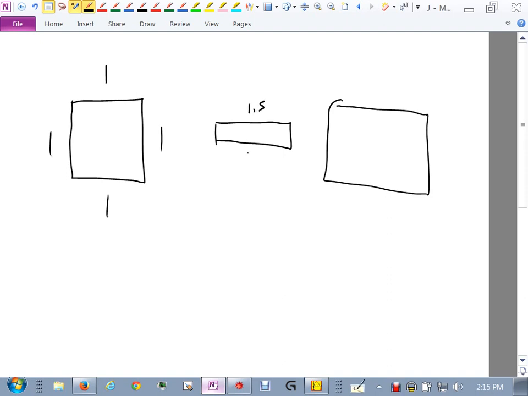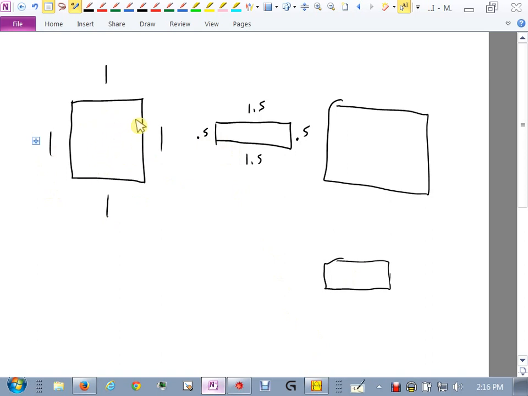So 1.5, 1.5, and 0.5, 0.5, something like that. Right? These pictures don't look right, but what is something else I could do? 0.25? There's all sorts of different combinations, but let's just look at these two cases right here.